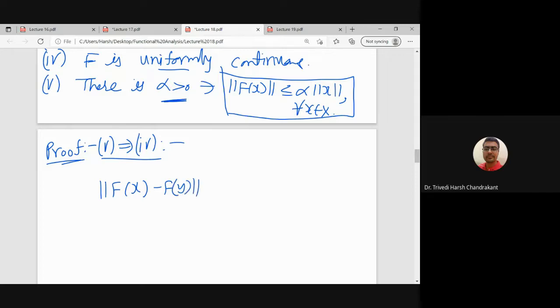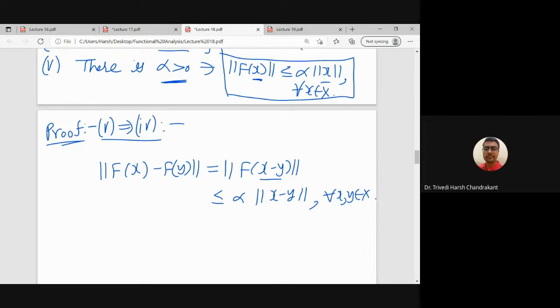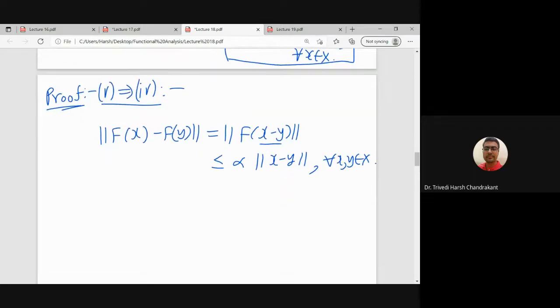Remember, f is a linear function, so this is norm of f of x minus y, and then, substituting, it is less than or equal to alpha times norm of x minus y. This is true for all x and y. And whenever this inequality holds, we get that f is a Lipschitz function.